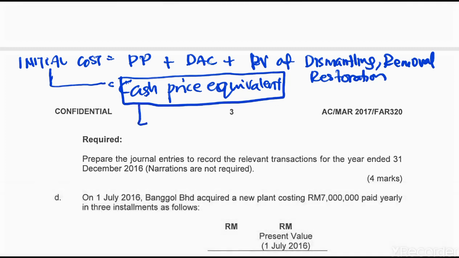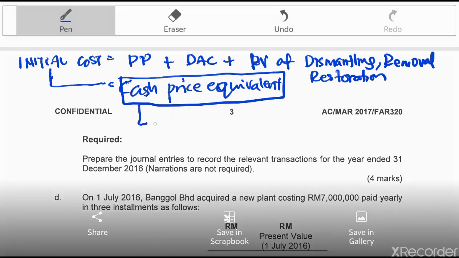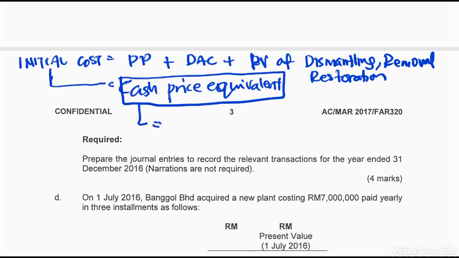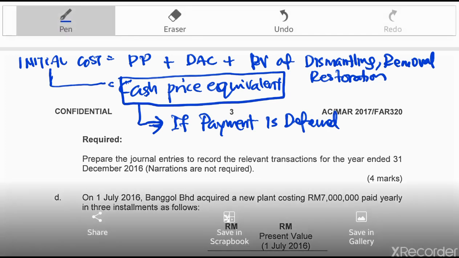This is normally if payment of the PPE is deferred, meaning that you buy your machine now, for example, and you don't pay immediately.